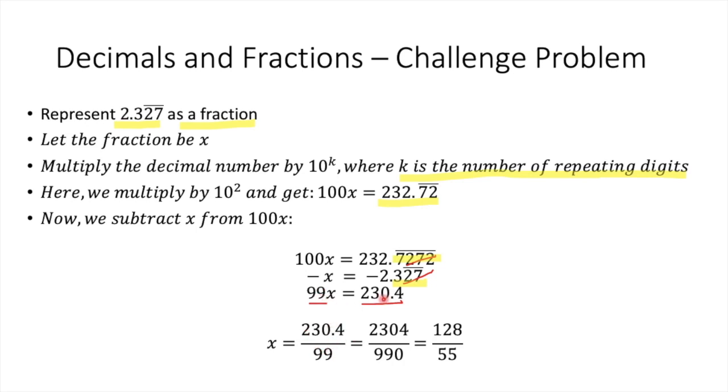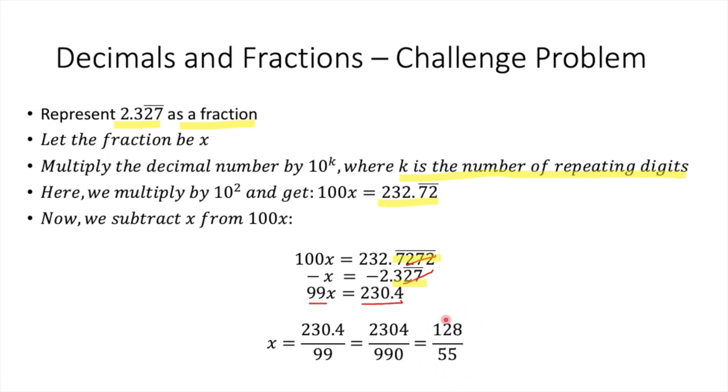We divide by 99 on both sides, and we do not want a decimal place in our fraction, so we will multiply by 10 on the numerator and the denominator in order to get rid of this decimal point, and we will get 2304 divided by 990, and we divide by 18 on the numerator and denominator, since that is the highest common factor of the numerator and denominator, and a simplified fraction is thus 128 upon 55.